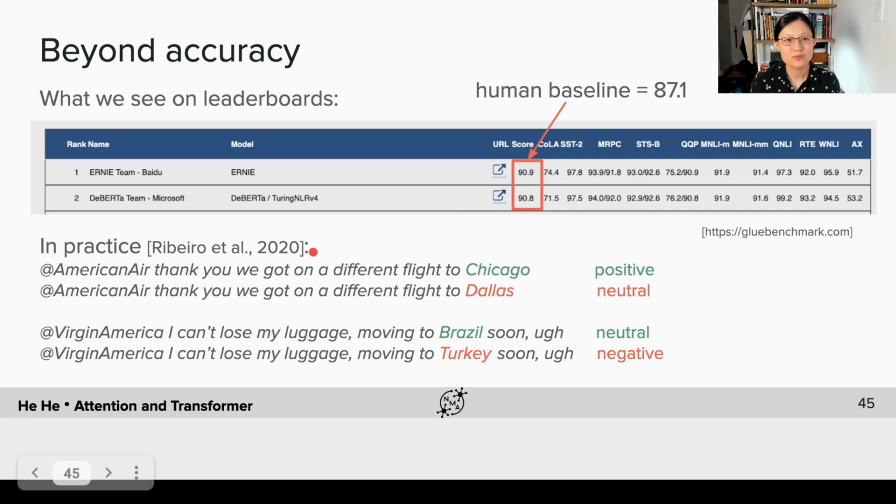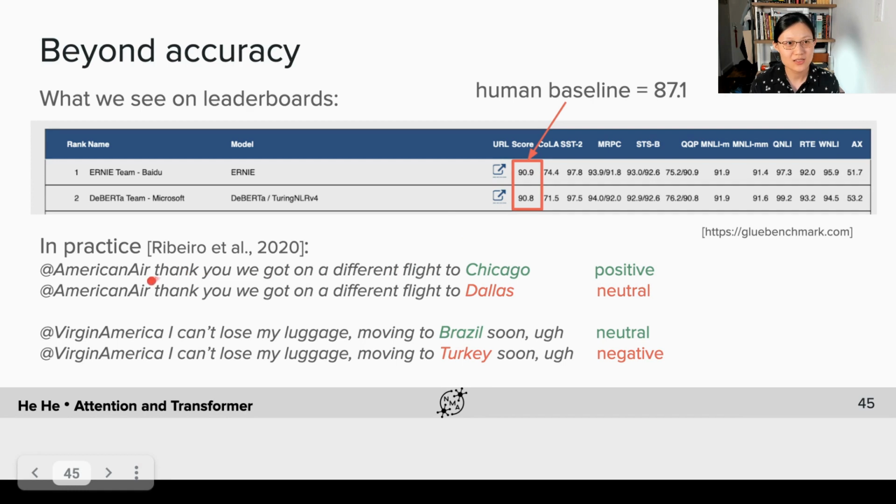In many recent works, people have found that these models sometimes make catastrophic errors that don't seem to make sense to humans, especially given their high accuracy on the benchmarks. In this specific example, again, we're looking at the sentiment classification task.